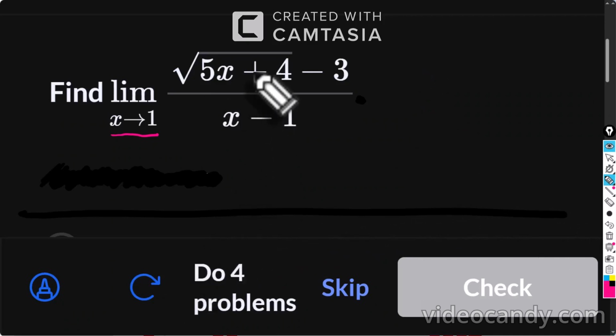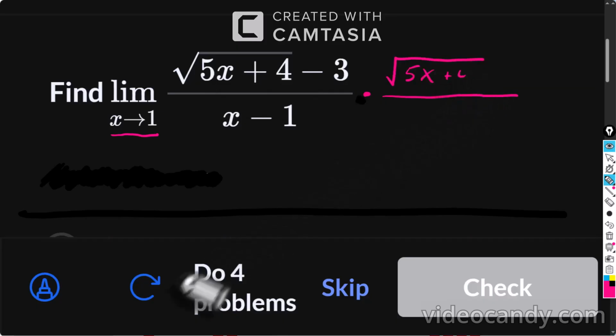All right, so we basically have a square root minus 3. We're going to multiply that by the conjugate. All right, and really we're going to do the conjugate over itself. So keep radical 5x plus 4. And instead of minus 3, we're going to change that minus sign to a plus.